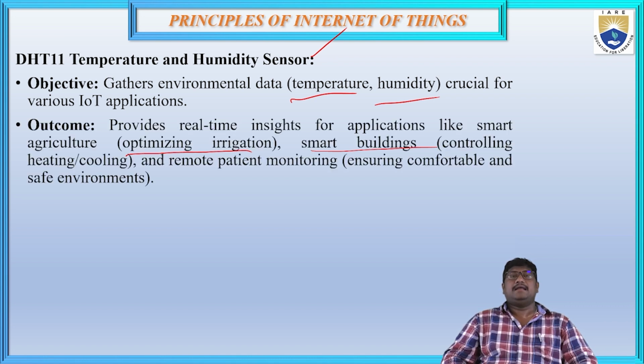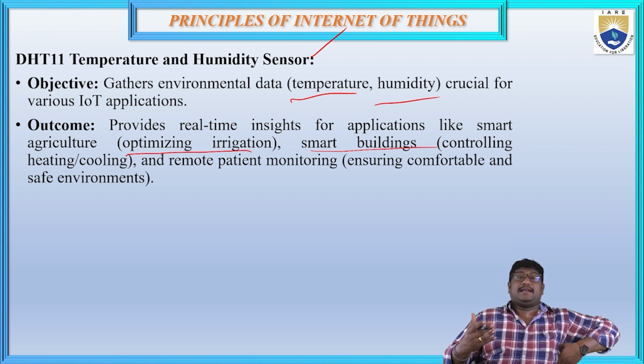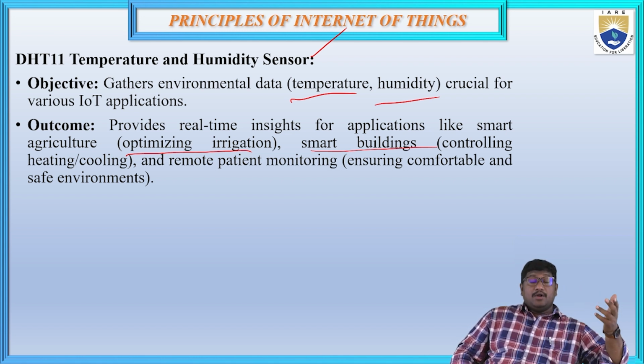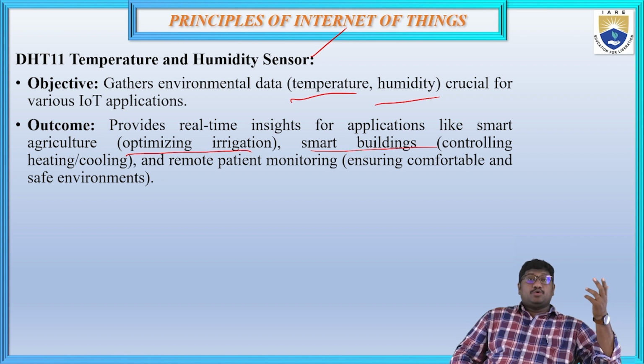The outcome which we are going to get by using this sensor is that it is going to provide us real-time inputs for applications such as smart agriculture, which is used for optimization of irrigation, and also for smart buildings, which are used for controlling heating as well as cooling purposes. The smart building concept will play a major role in IoT systems.